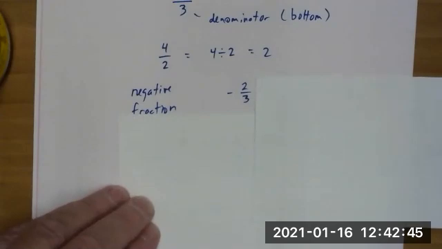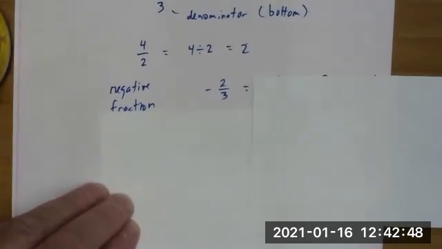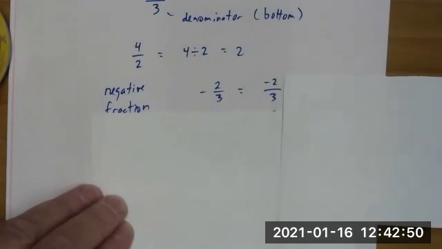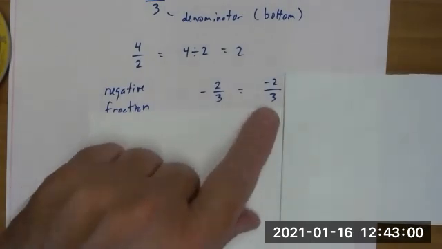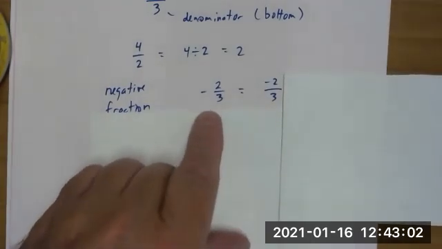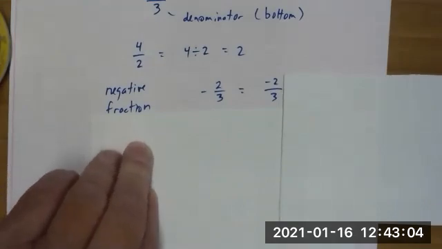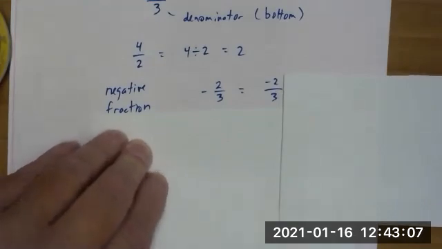That is negative 2/3. But then sometimes you'll see the negative sign move up to the top, or the numerator. Well, that fraction is negative 2/3. These are exactly the same. Even though the negative sign is in a different place, they're the same.